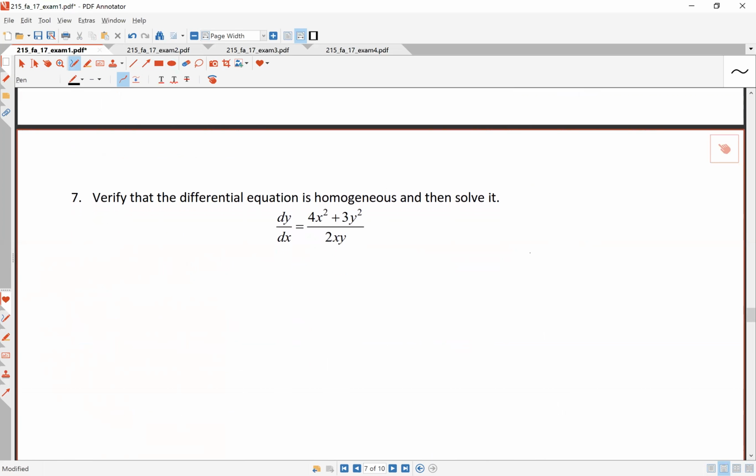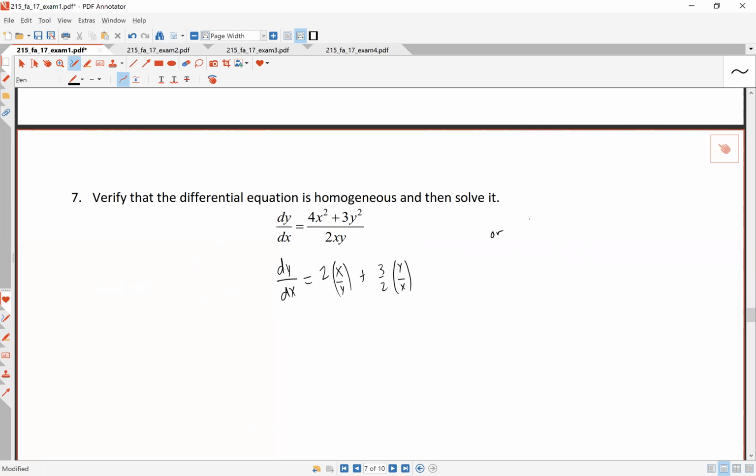Homogeneous. This one is homogeneous because dy/dx is 4x squared over 2xy, which is 2x over y plus 3/2 y over x. And so we see that it's a function of y over x.